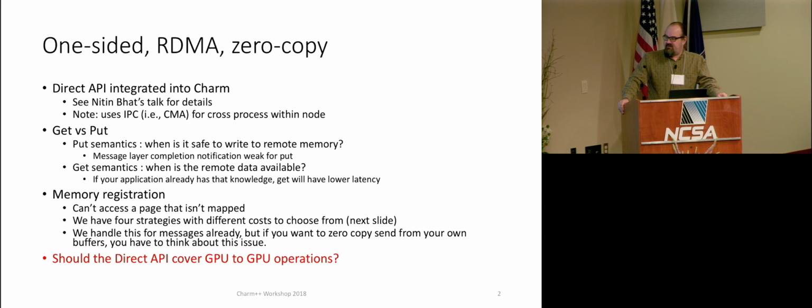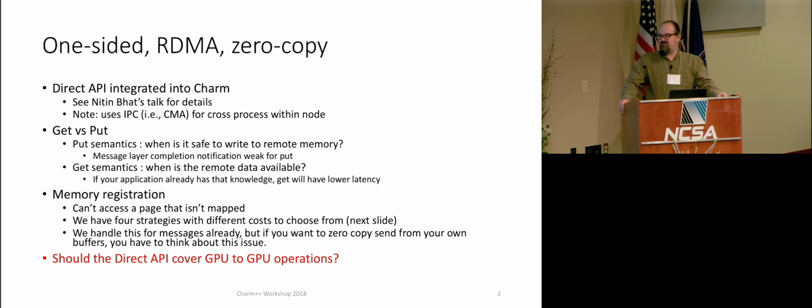And fundamentally, in most cases, people are focusing on get semantics, because in many cases they have an ability in their application to know when the remote data is available, as opposed to knowing when it is safe to write to remote memory.